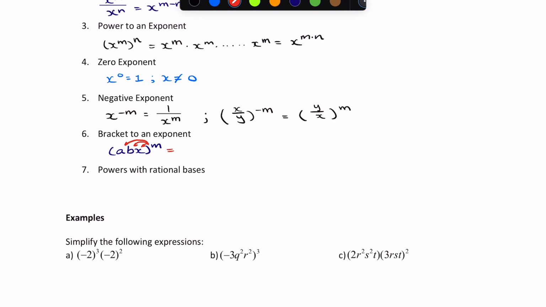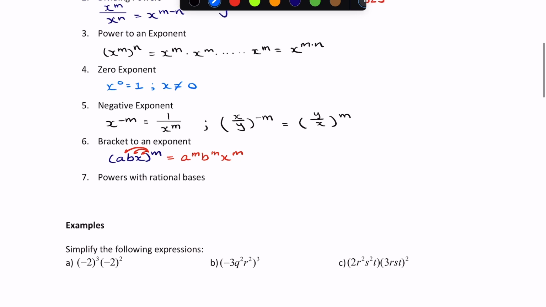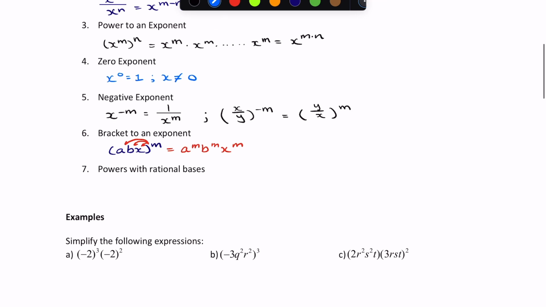And so here, that gives us a to the power of m, b to the power of m, and x to the power of m. It's important to recognize that if we have constants, we'll use the constants to the power, and if you have exponents inside the brackets, you'll use the same exponent rules that we looked at previously.